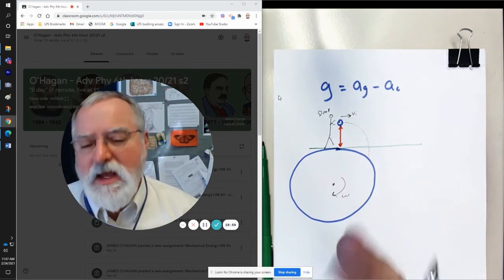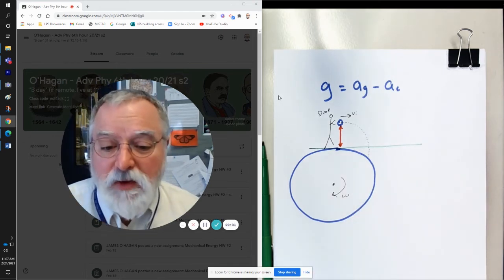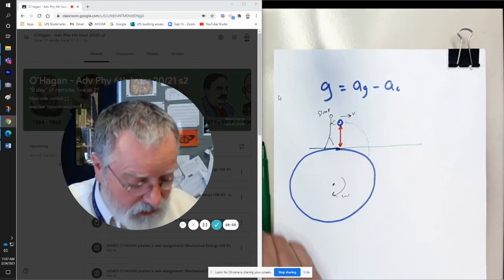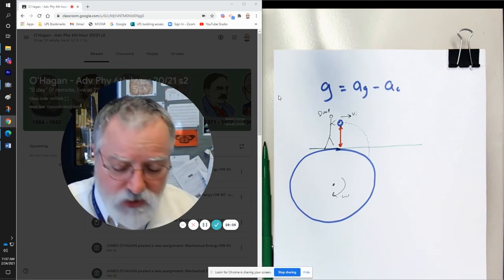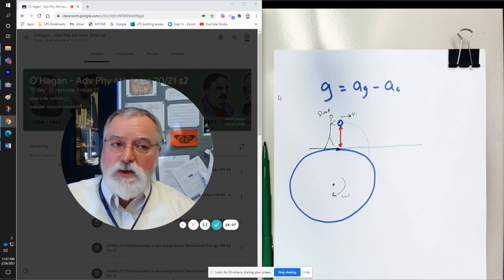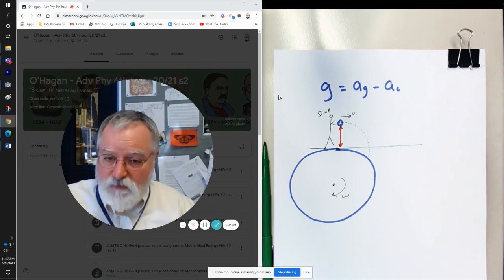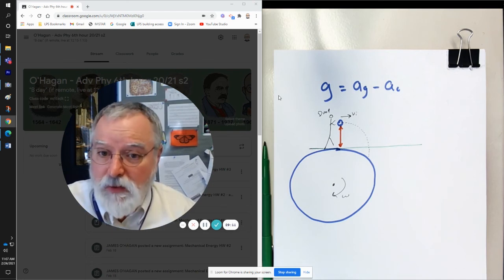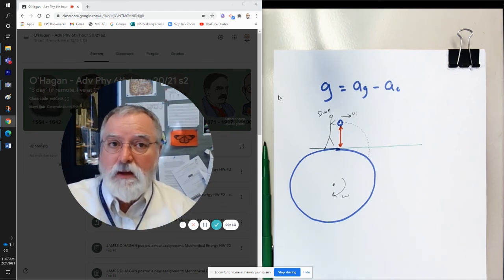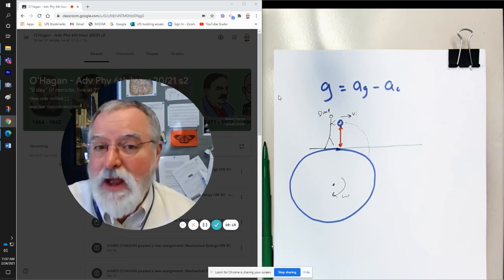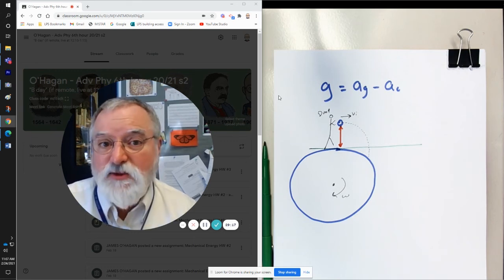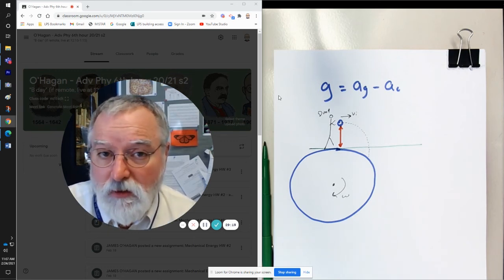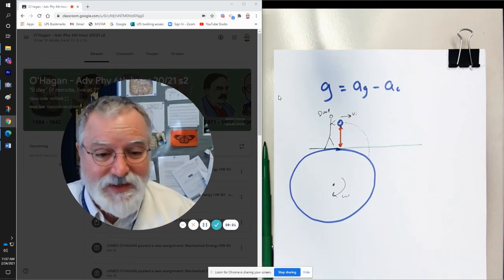Now, I drastically exaggerated what's going on, but this is the idea. It falls a greater length. So the amount of time that you measure for an object falling is a little bit bigger than it should be based only on gravity because it has to fall a little bit further.